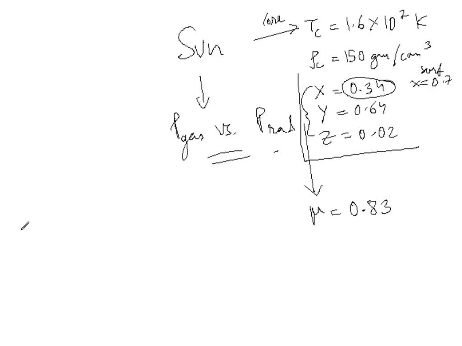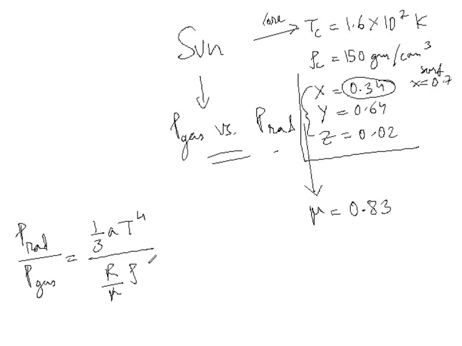Okay, now let us do this ratio, radiation versus gas: 1 by 3 A T to the power 4 divided by R by mu rho T, which is mu A by 3R into T cubed by rho.